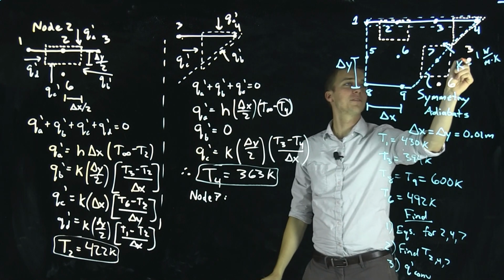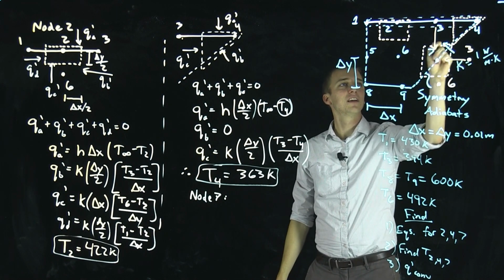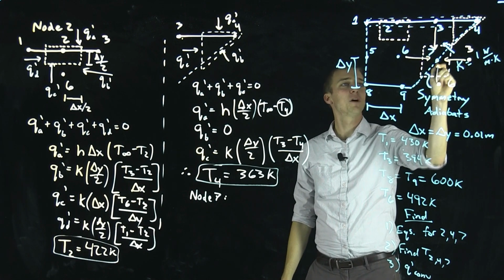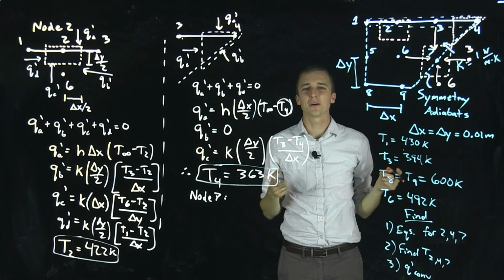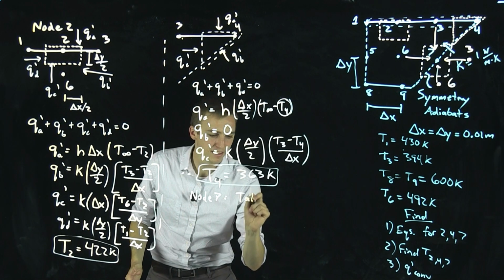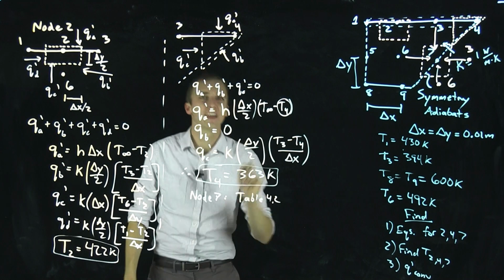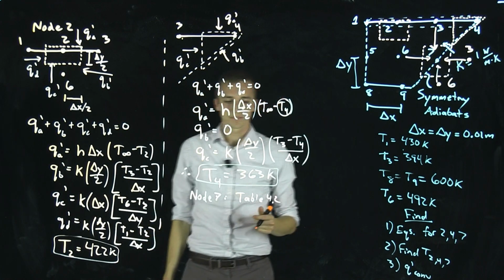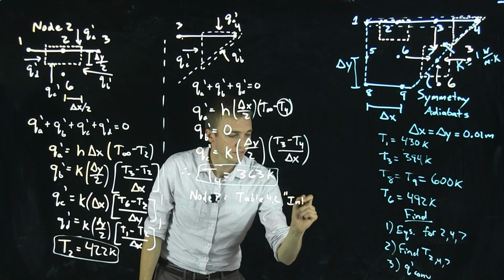Now you recognize that we just have conduction into each side from nodes that are equally distant from our central node. This is an interior node. So look up an interior node in table 4.2.